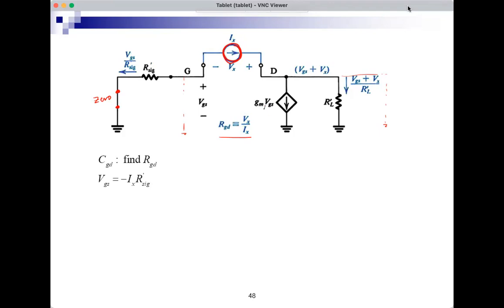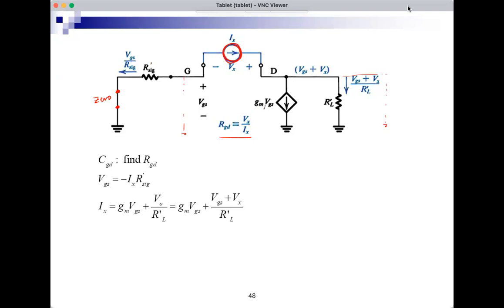VGS is Ix times R prime sig with a minus sign because Ix is flowing to the right. Also, this Ix is the sum of the current in the control source, GM VGS, plus the current in R prime L. So GM VGS plus VO over R prime L. And VO by KVL is equal to VGS plus Vx.